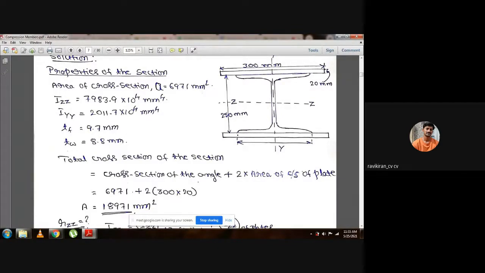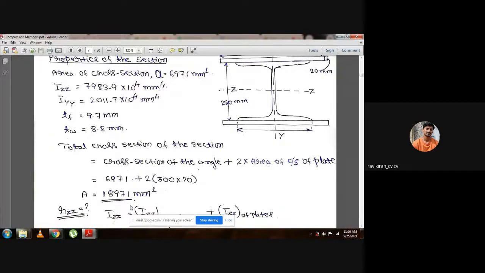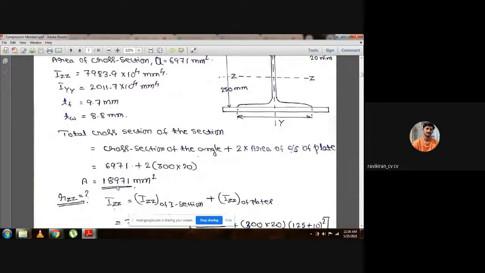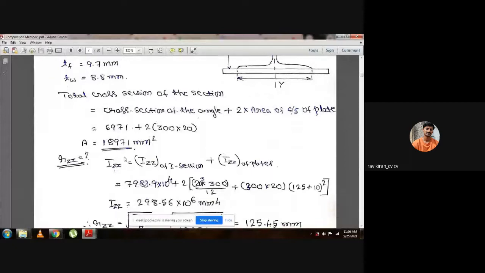So the I section area is 6971 plus 2 times 300 multiplied by the thickness 20, which gives the total area of 18971 millimeters square. This is the total area for the built up section.